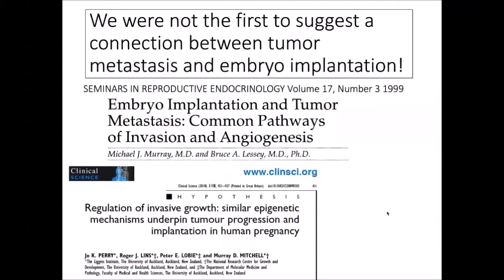People have primarily pointed out that embryo implantation and tumor metastasis actually use quite similar cell biological and molecular mechanisms, and therefore one should expect a connection there to exist.